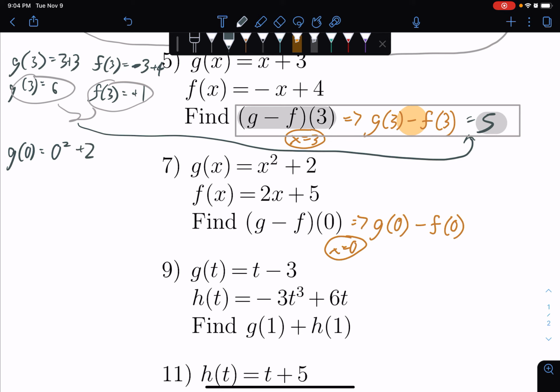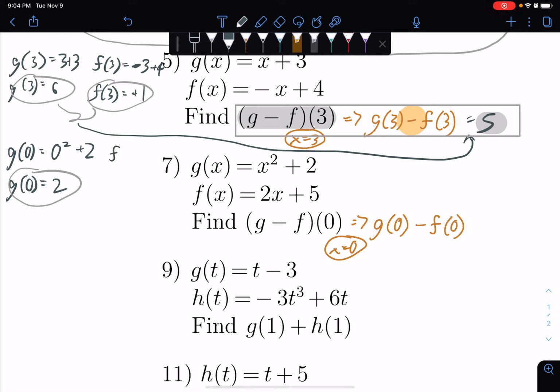Given a constant that is 0 and an exponent that is positive, like positive 2 here, the answer still remains the same as 0. But given this, we still have plus 2, so g of 0 is equivalent to positive 2.